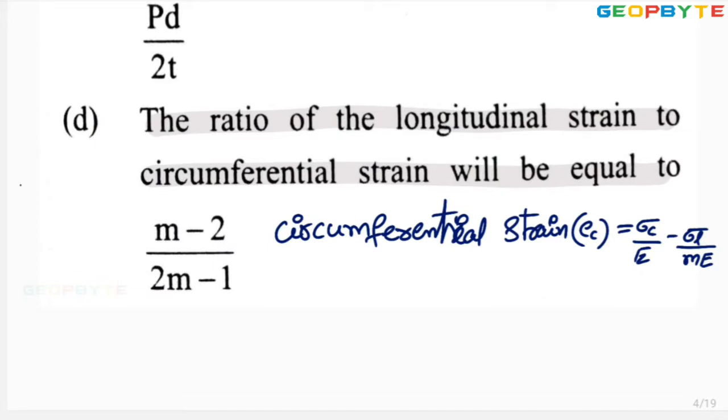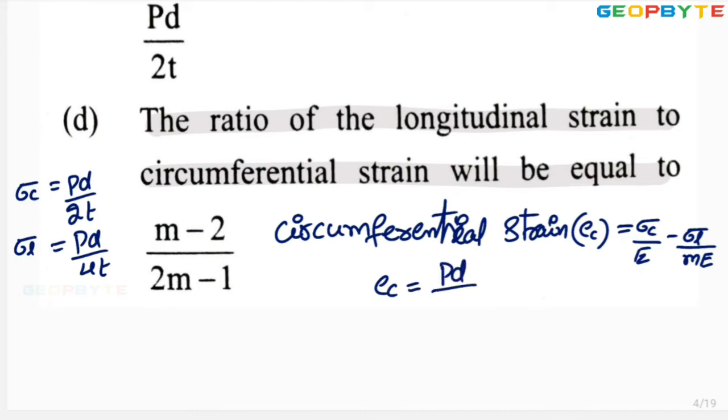But sigma C equals PD by 2T, sigma L equals PD by 4T, and 1 by m equals Poisson's ratio. Therefore, circumferential strain equals sigma C, PD by 2T into E, minus 1 by m into PD by 4T.